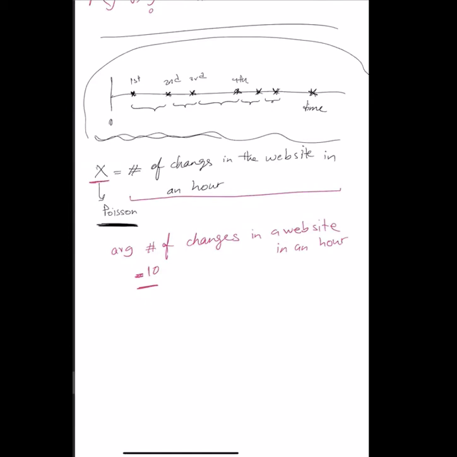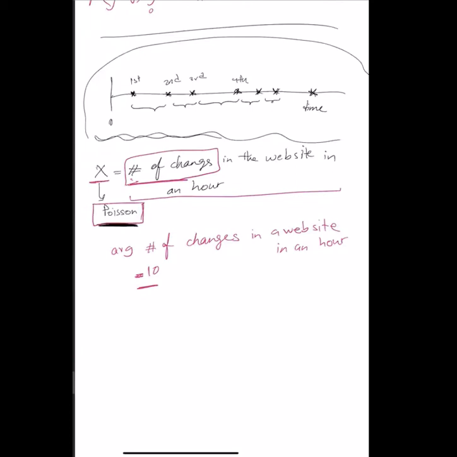Okay, so one way to look at this whole phenomenon is by looking at the number of changes that can happen in the website in an hour, and this is obviously a variable. And since I'm looking at number of changes, this is definitely discrete: 0 changes, 1 change, 2 changes, 3 changes, all the way to infinity.